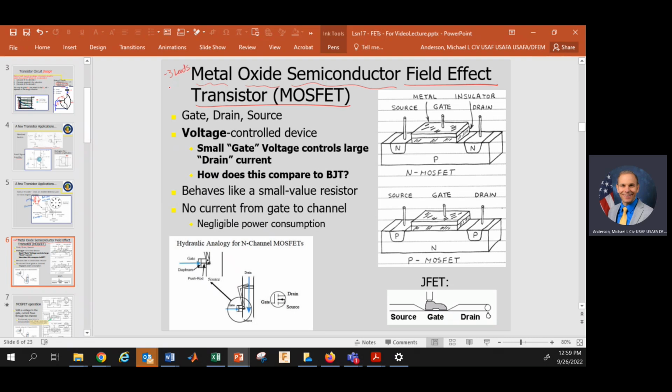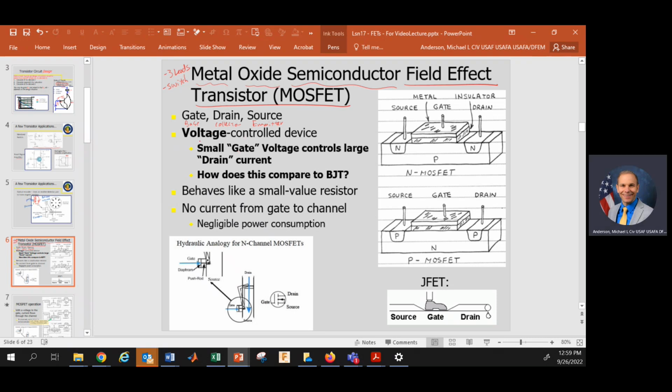And we use them to turn things on and off as a switch. But they behave differently, and we'll talk about that here. With a field effect transistor, instead of a base, a collector, and an emitter, we have a gate, a drain, and a source. That's just because we have different types of physics going on here.